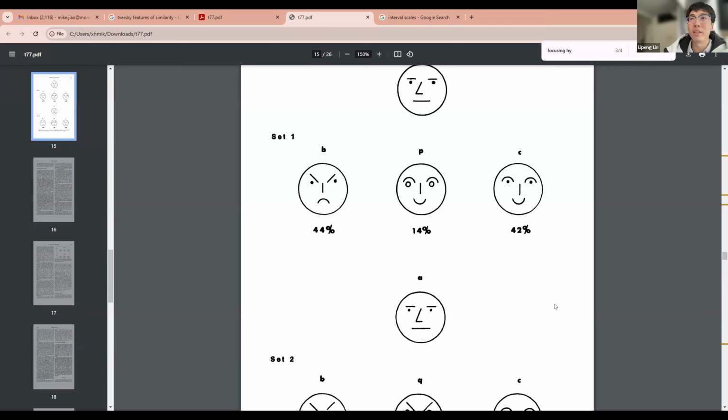So I highlighted some instructions in this paper. In similarity of countries, they ask participants to select, in each pair, the country they regard as more prominent. Oh, I can share my screen. Sorry, I will stop sharing. So here, similarity of country. Tversky wants to test asymmetry, right?